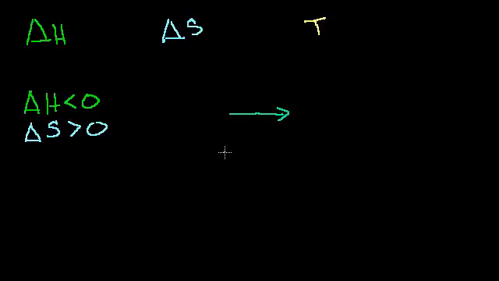Maybe we have more particles. We've seen that entropy is related to the number of particles we have. So this could be a reaction where, let's say I have that guy, and he's got one guy like that there, and then I have another guy like this.